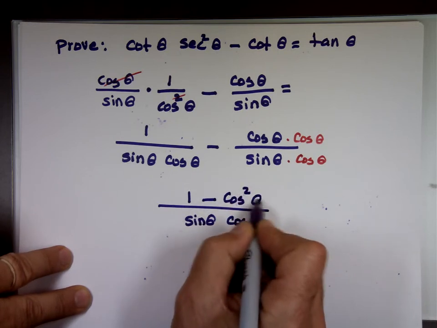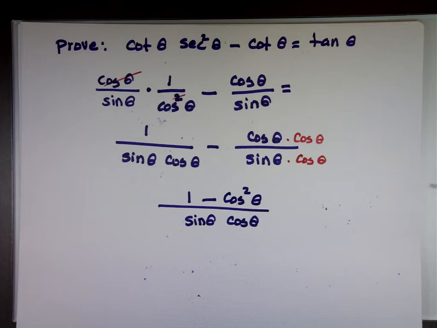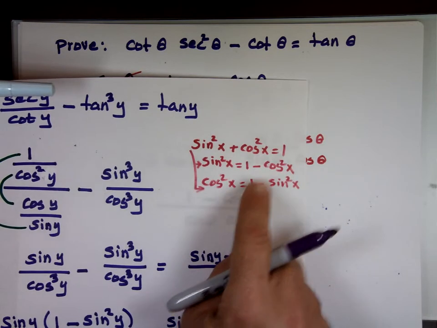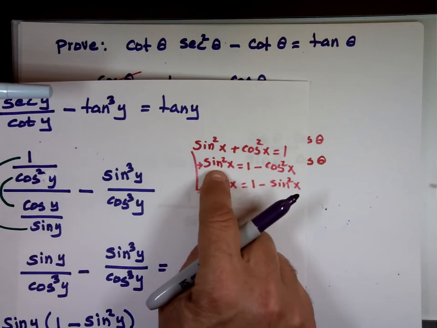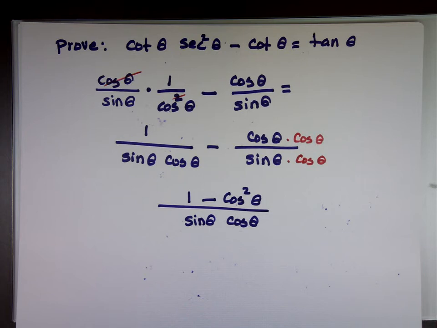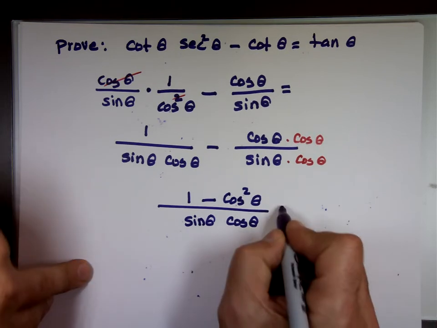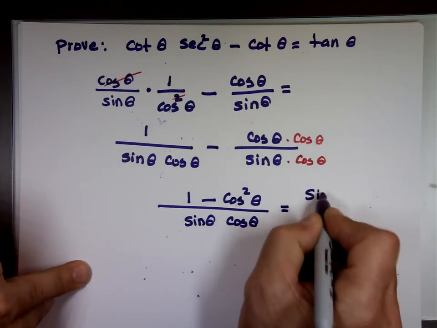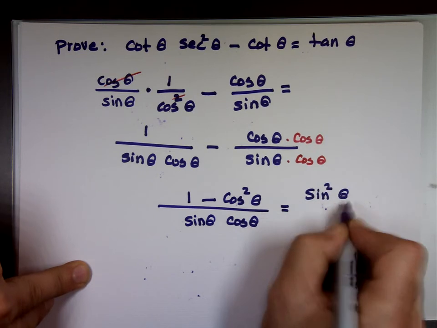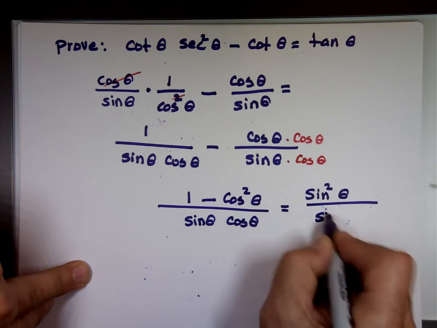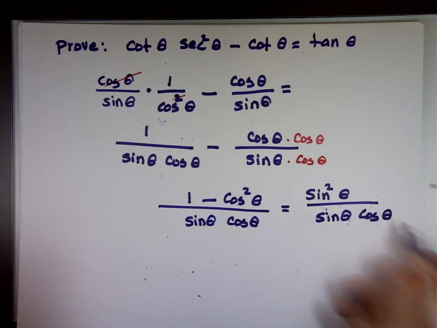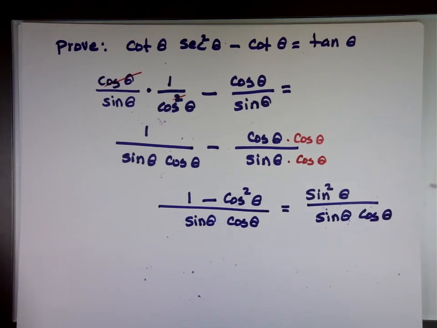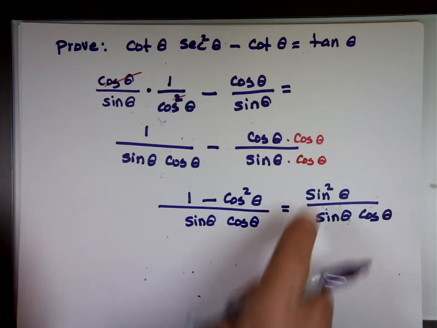And let me go back to my cheat sheet. 1 minus cosine squared is equal to what? That's a sine squared. Wait, don't go anywhere yet. There's two sines on the top, one on the bottom.